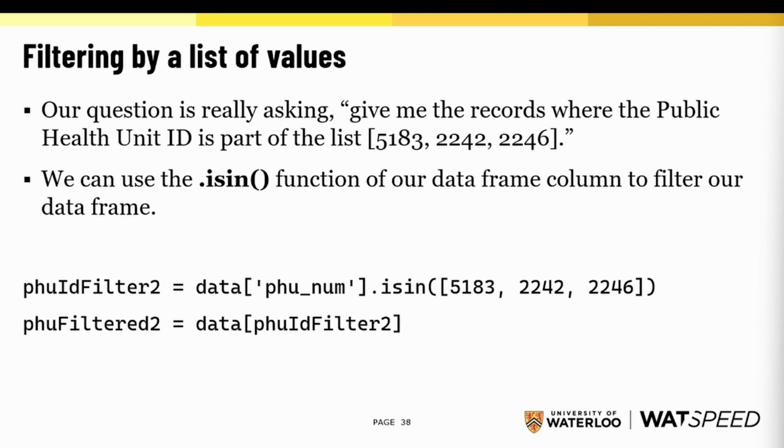This is the equivalent of writing, is PHU number equal to 5183, or is PHU number equal to 2242, or is PHU number equal to 2246. So we can save ourselves a lot of code if we want to check if a column's value is part of a given list. Let's try writing this filter condition.